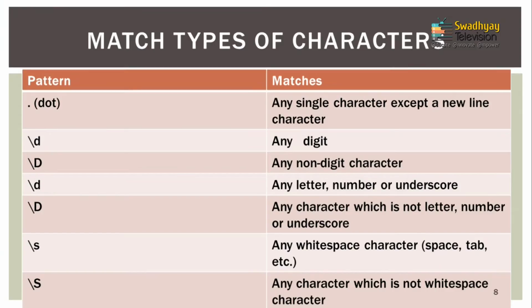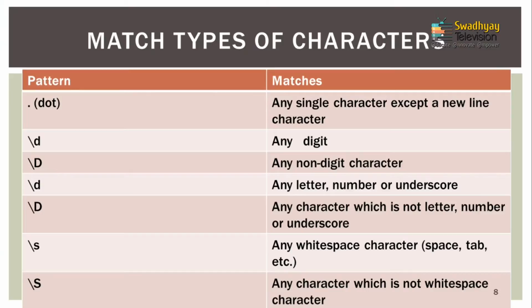Now whatever types of characters are available in your pattern are these. You can use dot, which matches any single character except a new line character. Dot for any single character only. \d for any digit, meaning 0, 1, 2, 3, 4, 5, 6, 7, 8, 9, but any one digit.